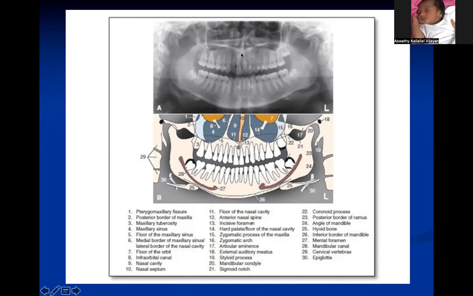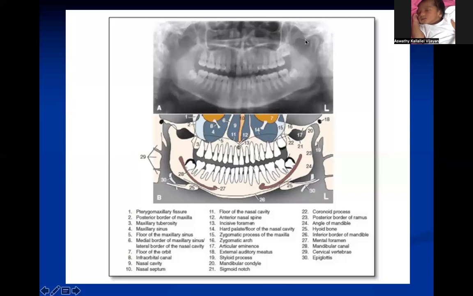Then we have the anterior nasal spine, then the incisive foramen region. This is the hard palate region, or the floor of the nasal cavity. Then we have the zygomatic process of maxilla. Then we have the zygomatic arch.